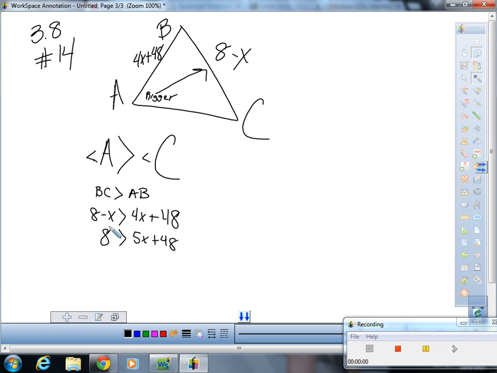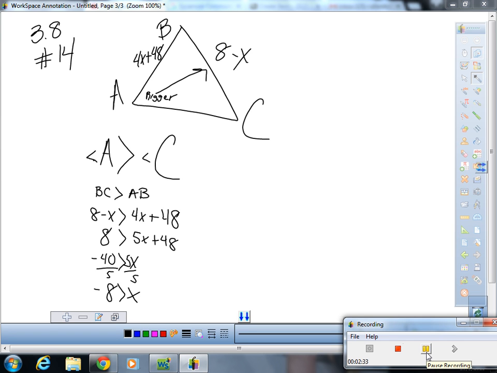Subtract 48 from both sides, and you get 5x is less than negative 40. Divide each side by 5. So you get x is less than negative 8. All right, so that's one of our restrictions on x.